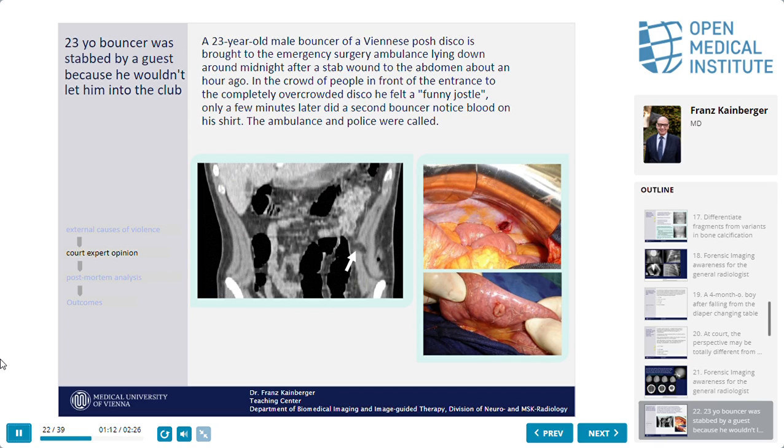And what you see here is also a very important point. We did CT in this case, and here you see a herniation of the peritoneal fat, indicating the stab wound. Here you see a sort of bending in this direction, because due to the knife there is a telescope-like smash of the abdominal wall.